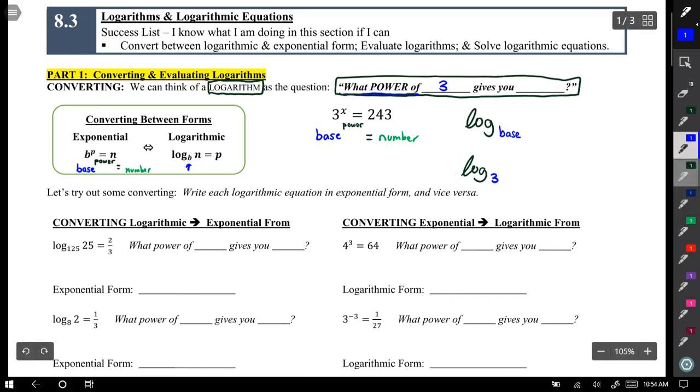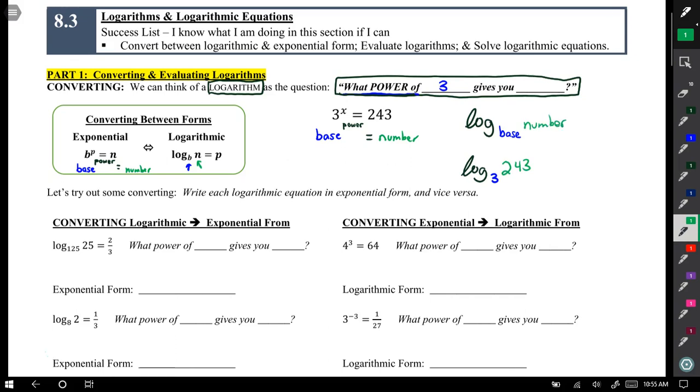Gives you, the next part is your n. So my n here is 243. That's my number. So let's read it left to right. What power of 3 gives you 243?